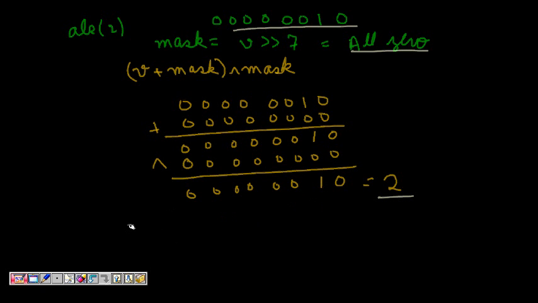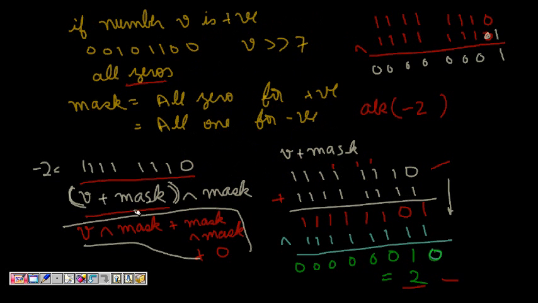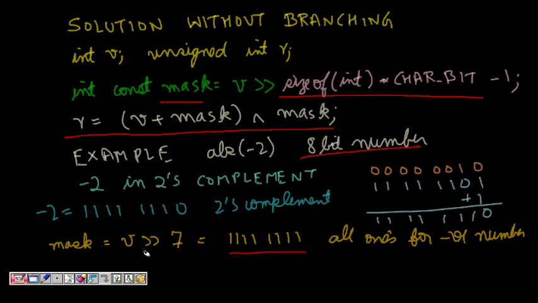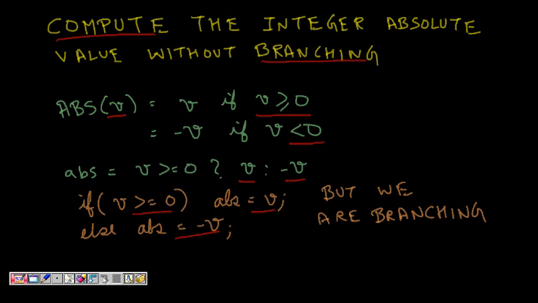So the formula is v plus mask, and then you XOR the result with the mask. This property doesn't hold otherwise. This gives you the solution for finding the absolute value without branching. I hope you understand this, so thanks a lot.